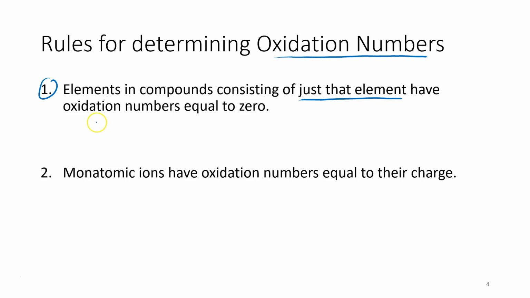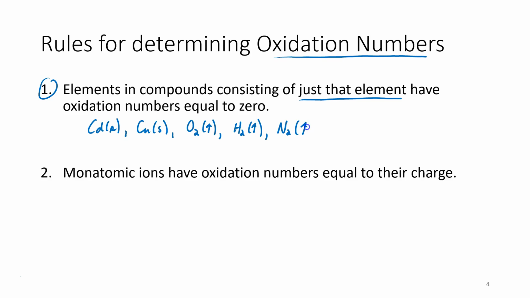So here are some examples. If you see something like cadmium solid, oxidation number is 0. Copper solid, oxidation number is 0. O2 gas, this is a compound consisting of just one element, oxidation number of 0. Hydrogen gas, consisting of just hydrogen, oxidation number of 0.